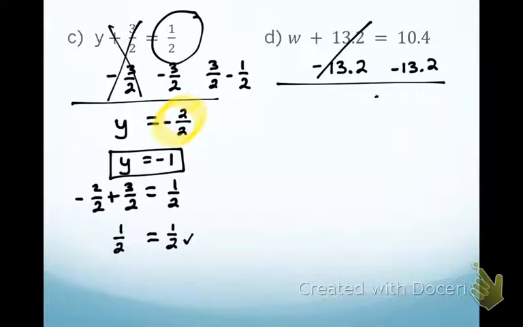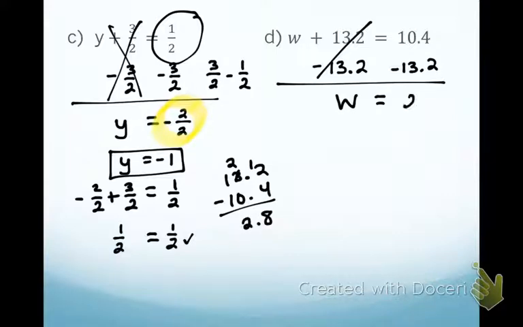What am I left with on the left side? Just a W. Now we're going to go over here to the right side. Guys, same sign or different sign? Different sign. So what do I have to do? Subtract and take. Okay, take the bigger one, 13.2 minus 10.4. And what do you get, guys? 2.8.